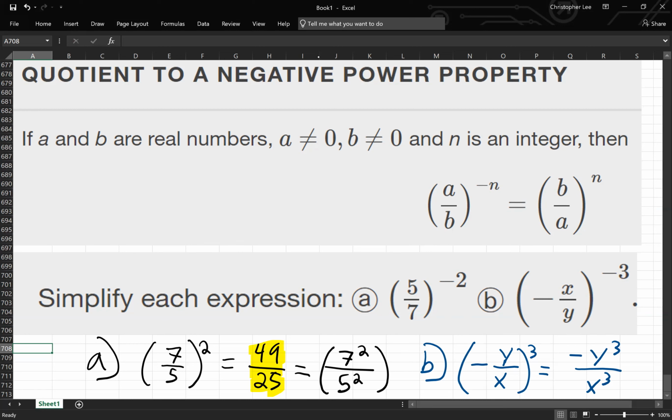No, because a negative times a negative is positive. But to the third power, a negative times a negative times a negative is negative. So it stays there. Good observation, though.